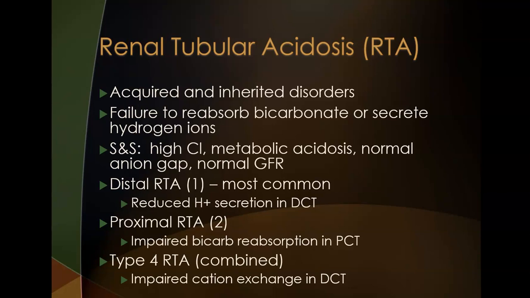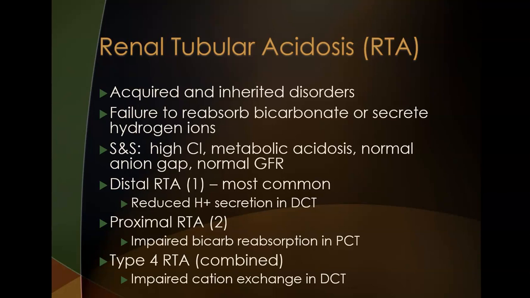And there are several different renal tubular acidoses. So distal renal tubular acidosis is type 1. It is the most common. And in this one, you simply have a reduced hydrogen secretion in the distal convoluted tubule. Proximal renal tubular acidosis, or type 2, you have impaired bicarb reabsorption in the proximal convoluted tubule.